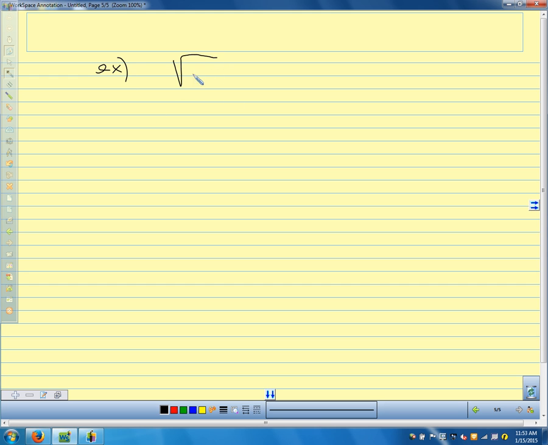So the square root of, I'm going to say negative a, where a is a real number greater than 0. The way we do this, and we've done this for a long time, I'm just going to write out how we think about it. This is the same as the square root of negative 1 times a.